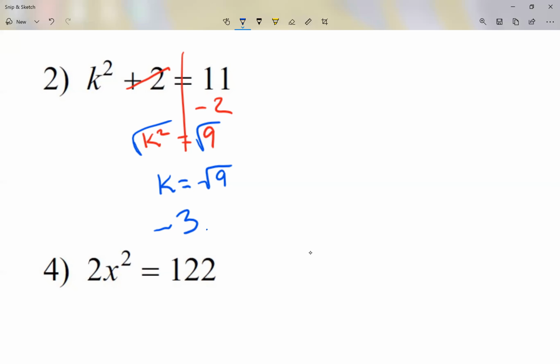Another number that comes to my head is +3, because 3 multiplied by itself gives me 9. I have two answers, a negative and a positive. Make sure you type both. To remind you that there are two of them, your instructions will say leave your answers, so there's more than one, in simplest radical form.